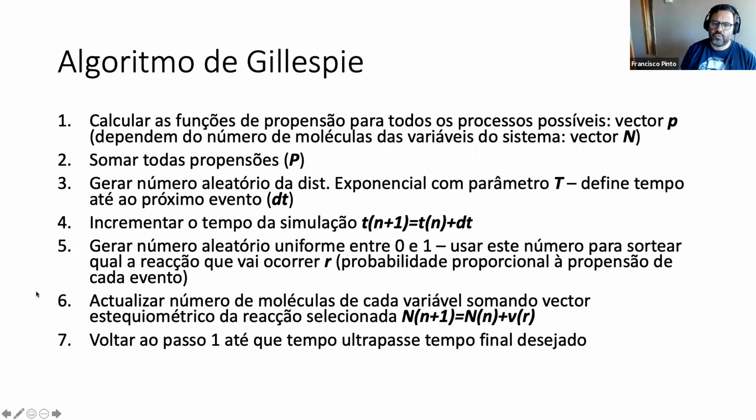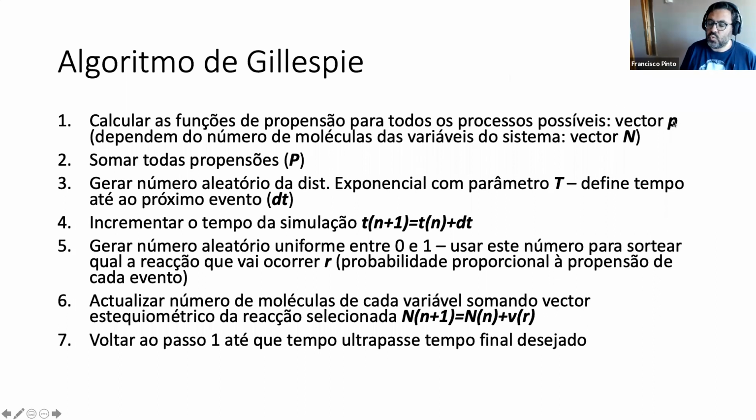So first, your system is in a given state, so you know the number of each molecule in your system, the number of each variable, and that is going to be represented by a vector n, where each position is a different variable of the system and contains the number of molecules of that variable.